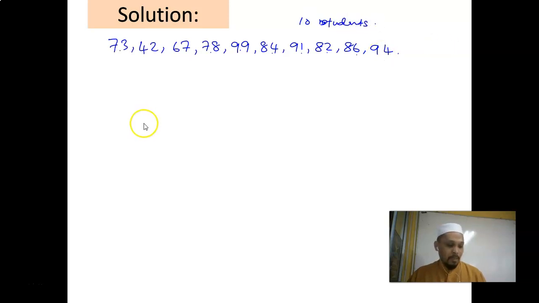Okay, now to arrange them, let's arrange the numbers of data here from the lowest to the highest.